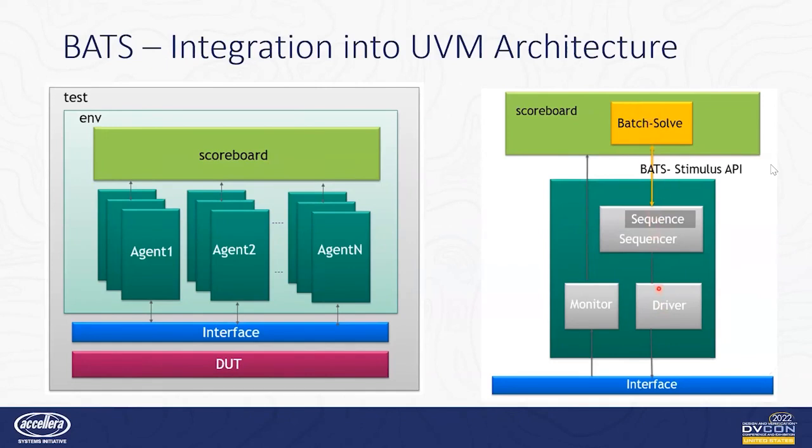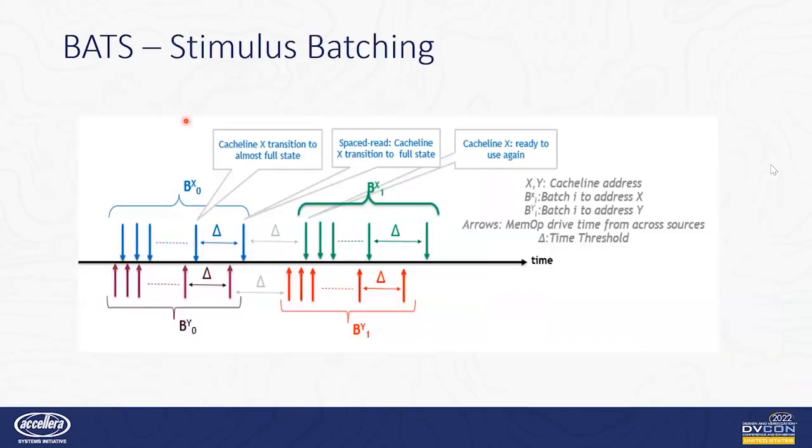If BatchSolve says yes, it can send it to the driver. If BatchSolve says no, it will need to re-randomize the memory operations and ask for permission again before sending it to the driver. And this is the mechanism by which stimulus batching happens in BatchSolve, which will be discussed later. But the idea here is BatchSolve basically gets queries from multiple sequences, and it either grants or denies, and by doing so, it acts as a stimulus filter.